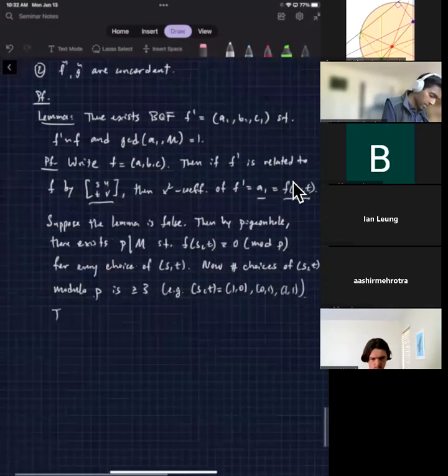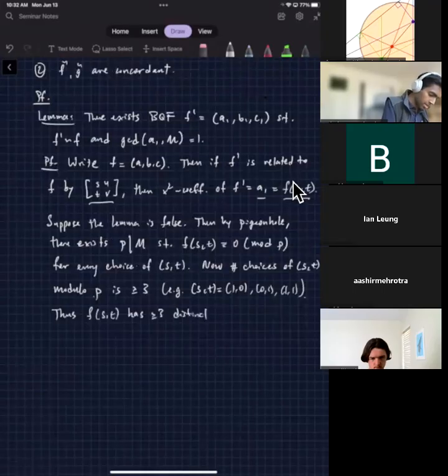Okay. So thus, f of s comma t has at least 3 distinct roots.